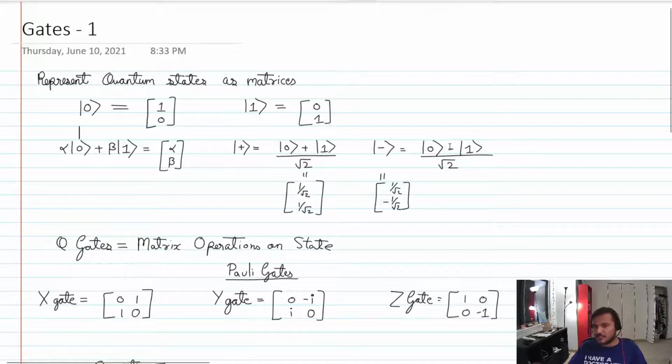This state, 0 minus 1 over square root 2, would be represented by this particular matrix, where the first element is 1 over square root 2 and the second element is negative 1 over square root 2. Why did I single out these examples? Because these are pretty important and they will come up quite a lot later down the line. That's why they have been given a special designation, the plus and the minus state.